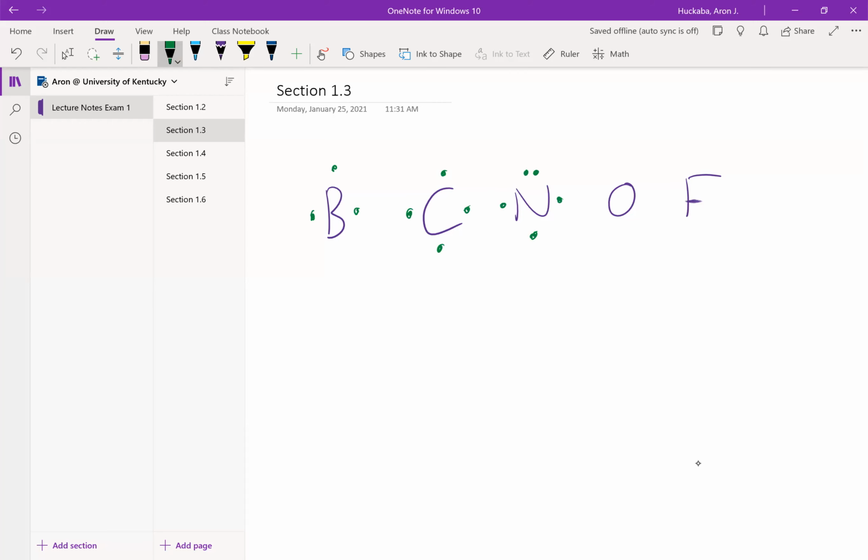For oxygen, it has 6, so we would go around the oxygen atom, eventually ending up with 6 total. And for fluorine, we would do the same, eventually ending up with 7.